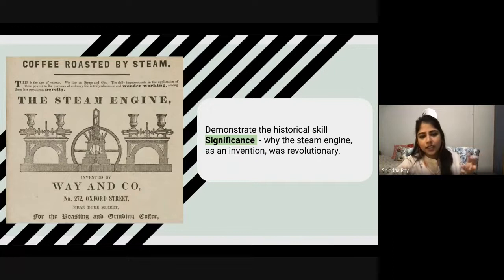But the point is that the steam technology really percolated down to a lot of other common people. And so the application of steam in a very common coffee roaster is also significant, which is to show that sometimes whatever are the big changes, they also affect a lot of lives in small ways.